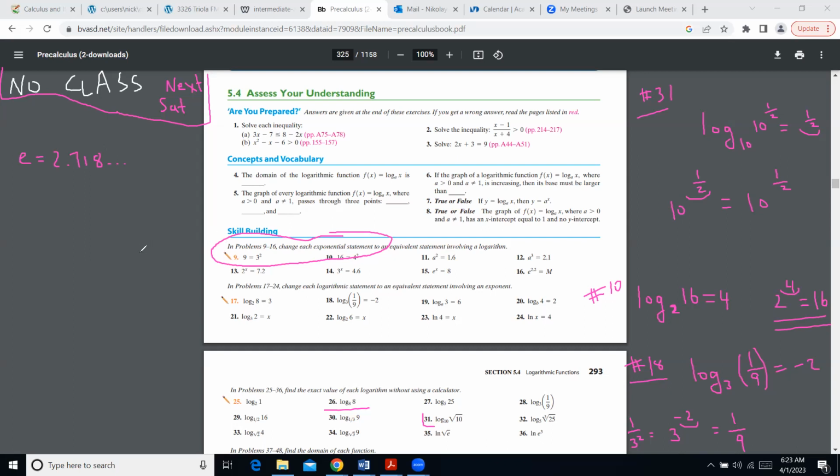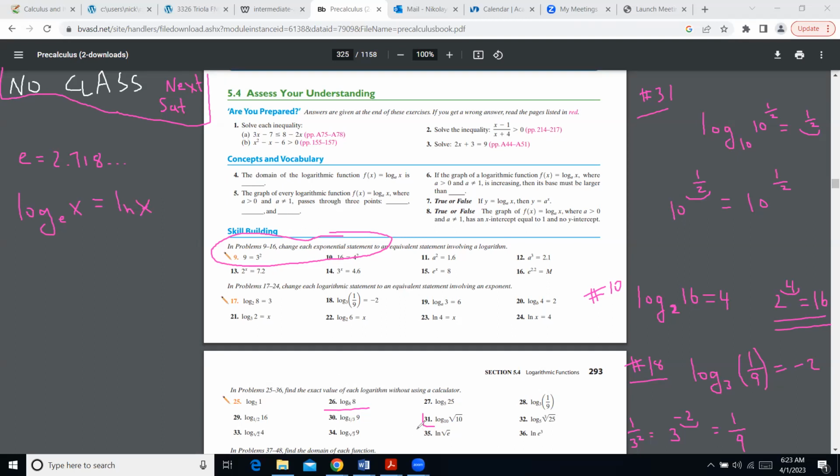So if you have logarithm of base E, then you have a special name for it, ln. So instead of writing logarithm of base E, turns out this logarithm is so popular that they produce a special name, which is ln.